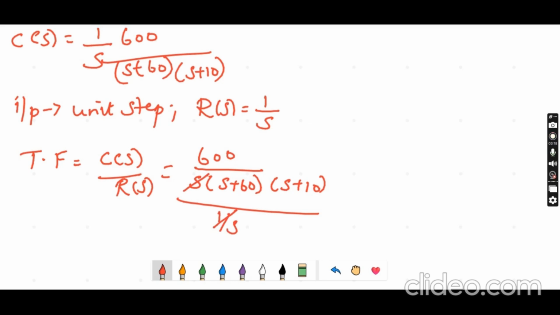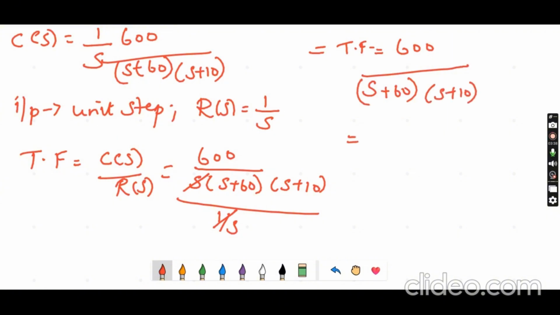The transfer function C(s) by R(s) now becomes 600 divided by (s plus 60) multiplied by (s plus 10). If we multiply the denominator terms, it will become 600 divided by s square plus 70s plus 600. This is the final transfer function we have arrived at for the given response C(t).